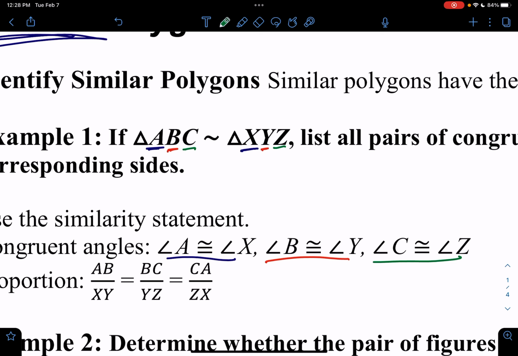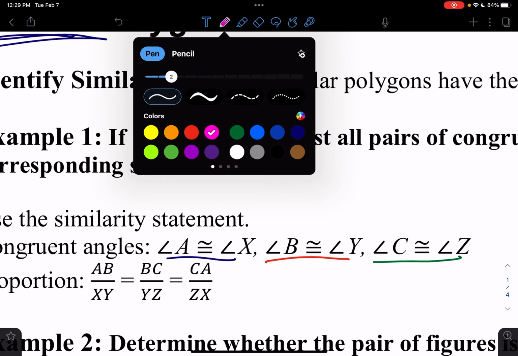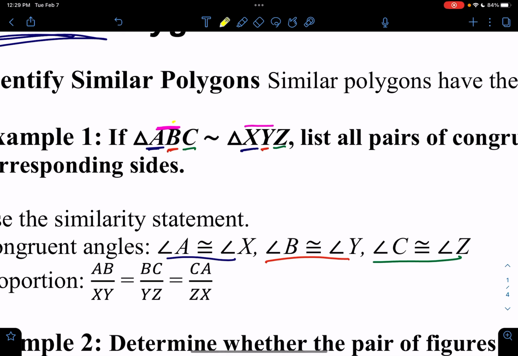But now I can also say that segment AB has a proportion to segment XY, segment BC has a proportion to segment YZ, and segment AC has a proportion to segment XZ.